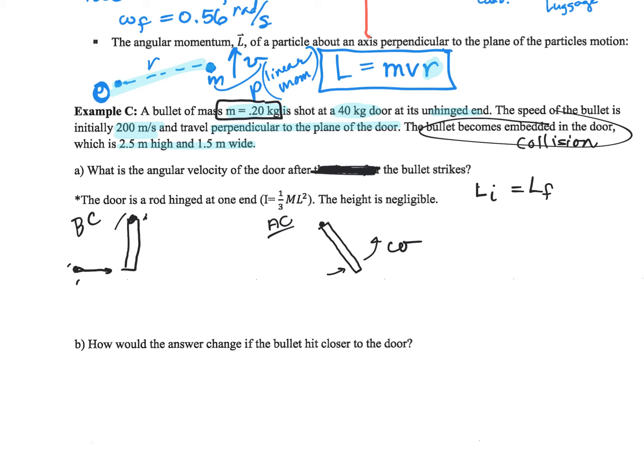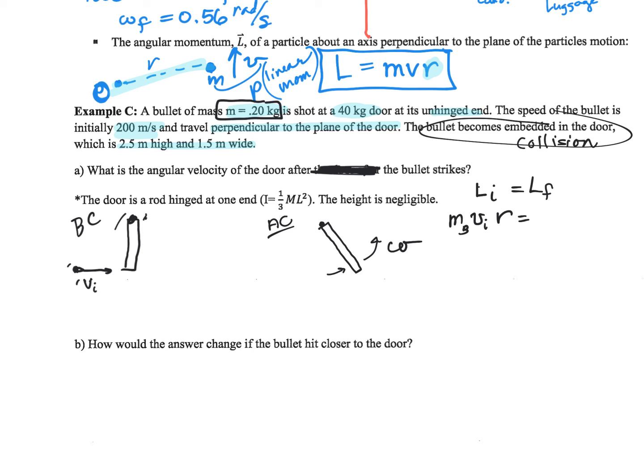Which one of these is the only thing that's moving? The bullet. So all the initial angular momentum is in the bullet. So this is going to be the mass of the bullet times the initial velocity of the bullet times how far away from the hinge it is. Isn't that what r is?